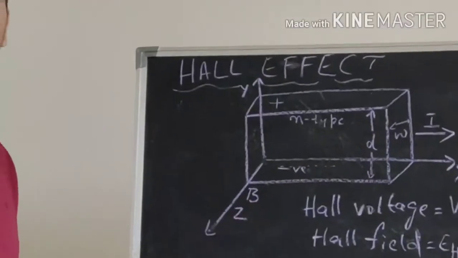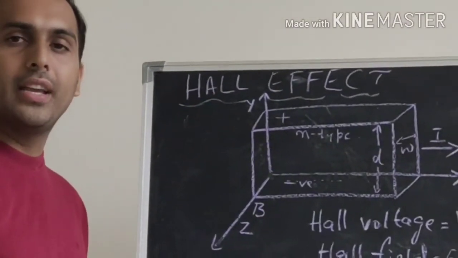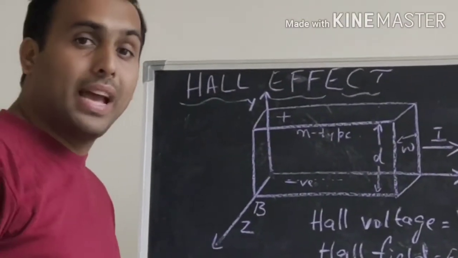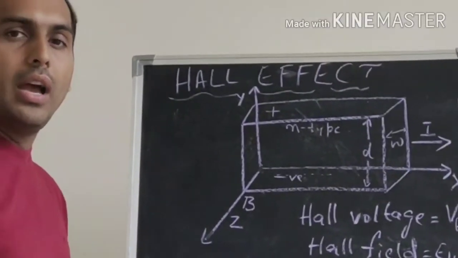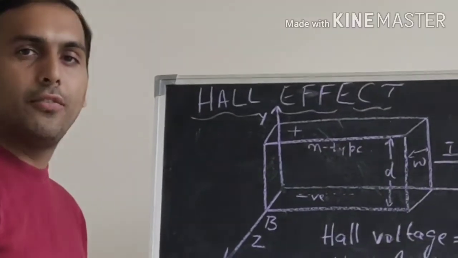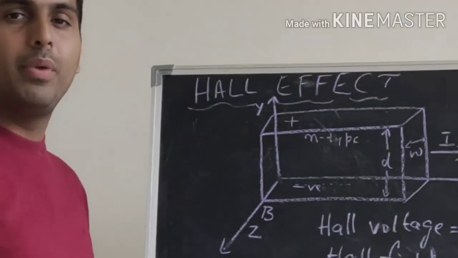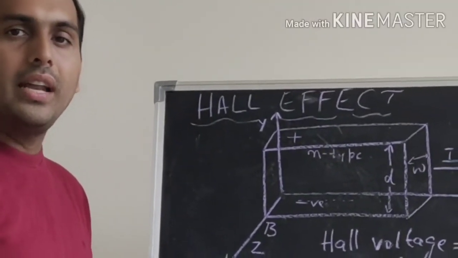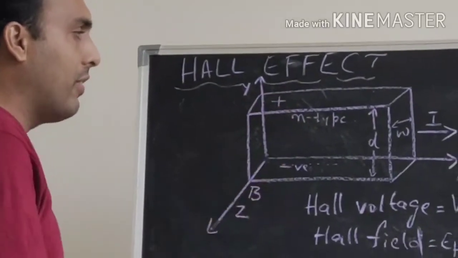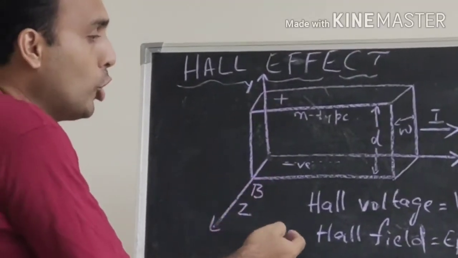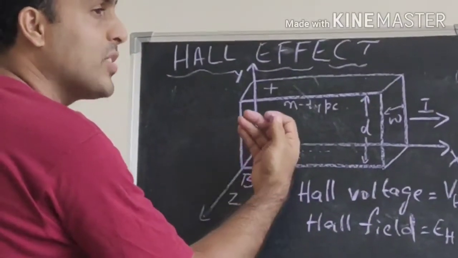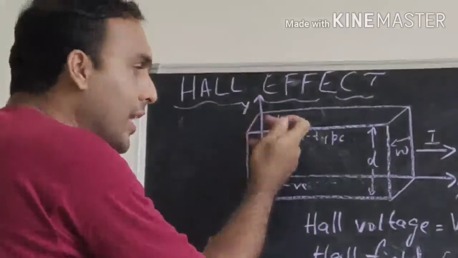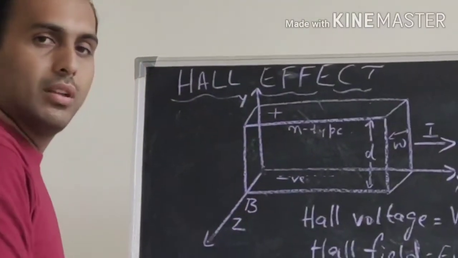Now we know the effect of a magnetic field when it is applied to a flowing current: from Lorentz, a force will be experienced according to Fleming's left hand rule. Due to the Hall effect, there will be a force which is opposite to the Lorentz force.